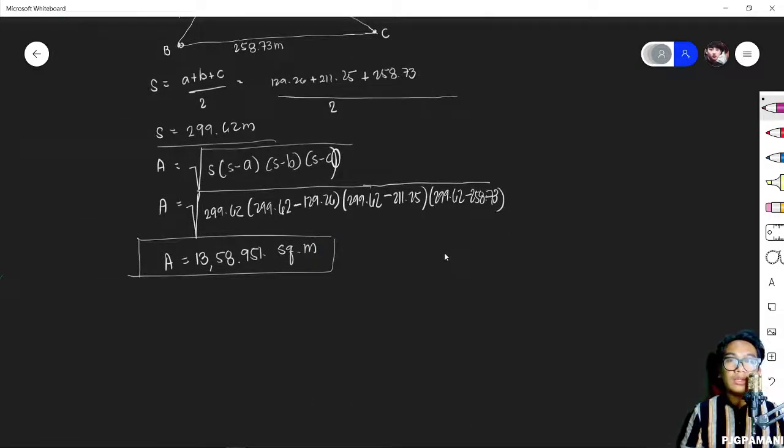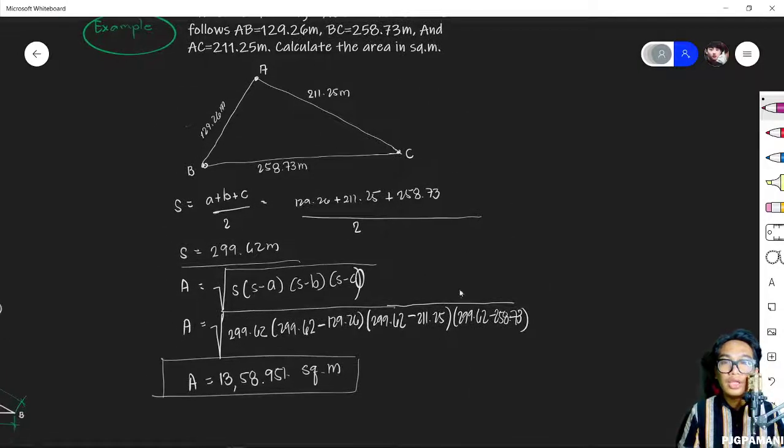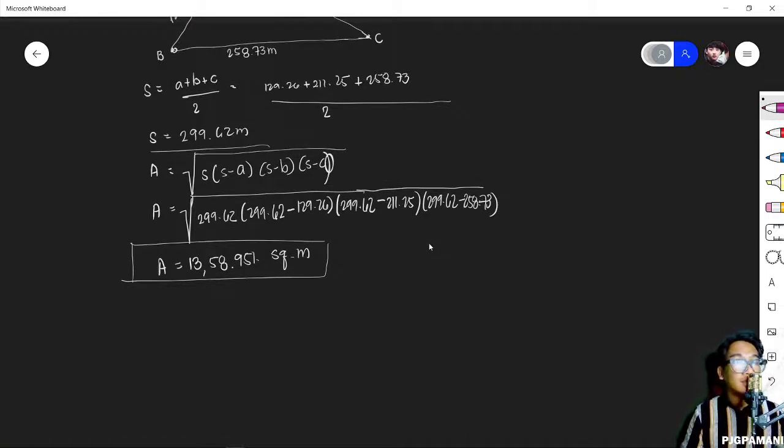But how about if the problem asks you to identify the total area of the triangle in hectares? Most of the time, the configurations we see are expressed in hectares. So the area in square meters is 13,580.951 square meters.